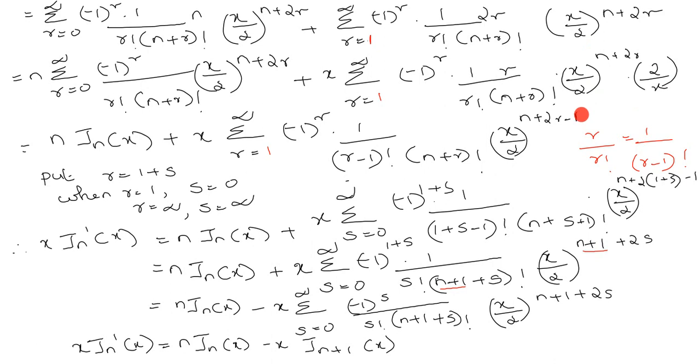So this 2 by x can be written as (x/2)^(−1). That is written in the next step.